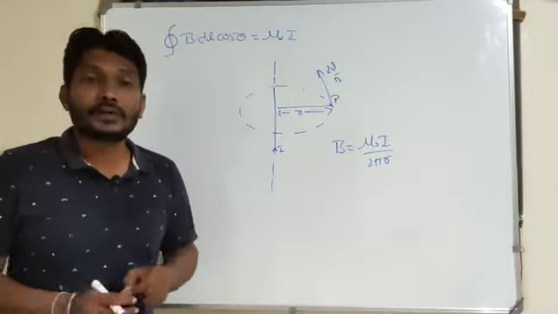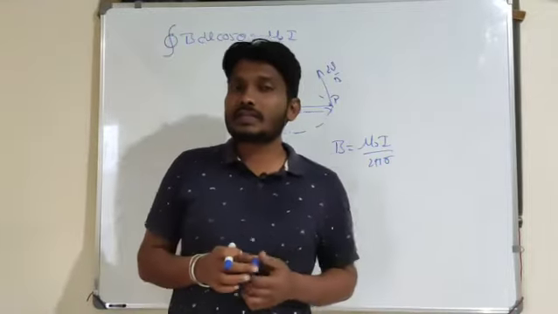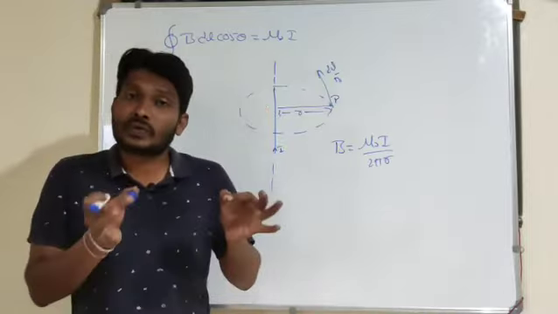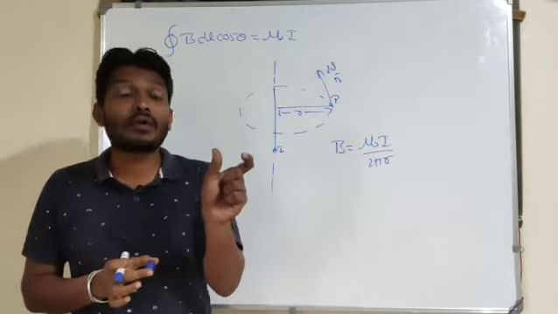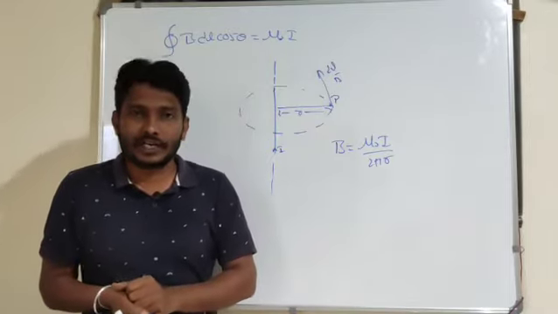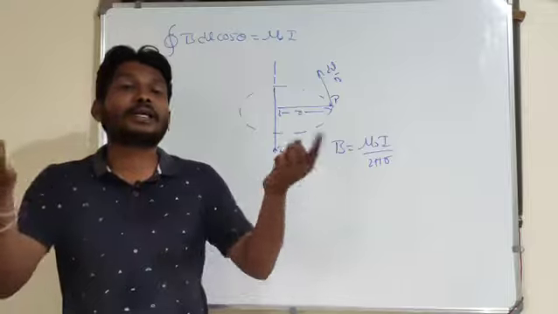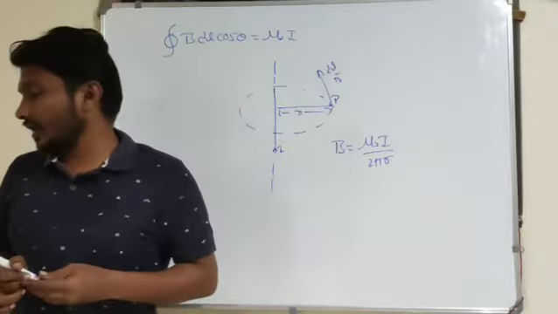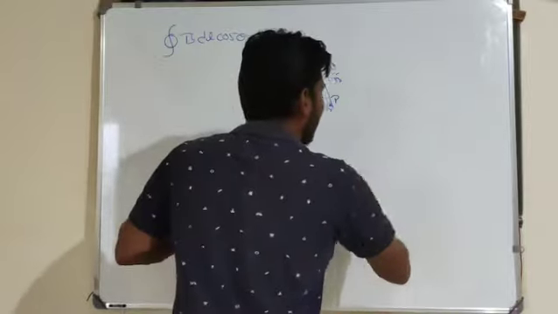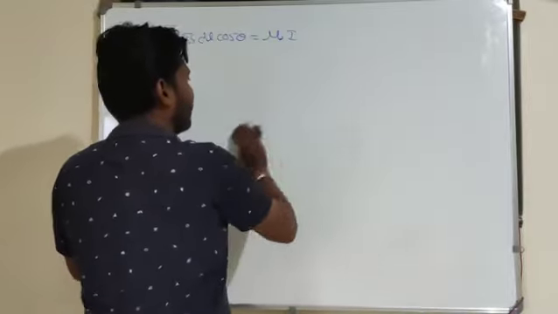In today's session, we will be solving another application related to Ampere circuital law, that is the magnetic field inside the solenoid. I am using one more term here, that is solenoid. First I need to understand what is meant by a solenoid, then I can find the magnetic field inside it.